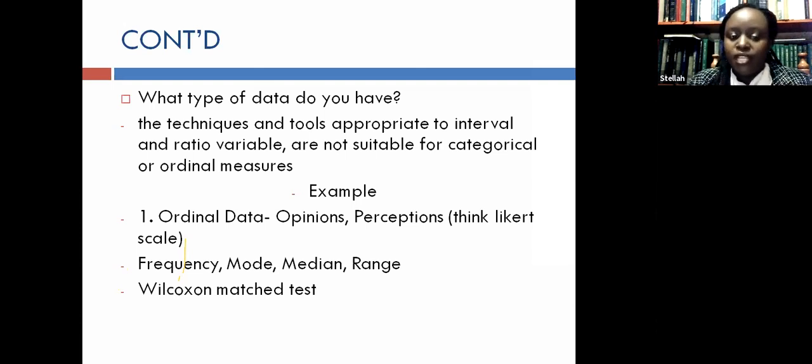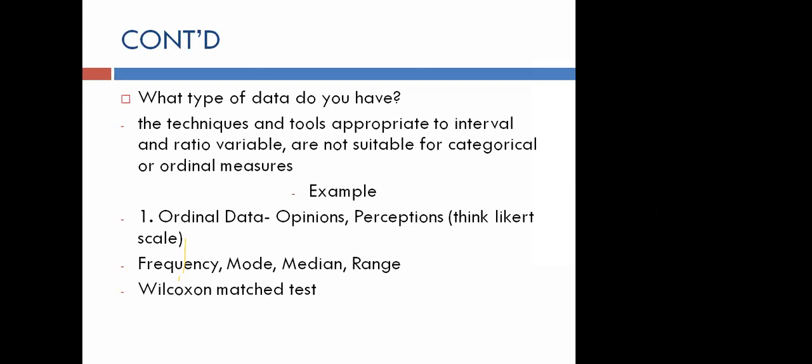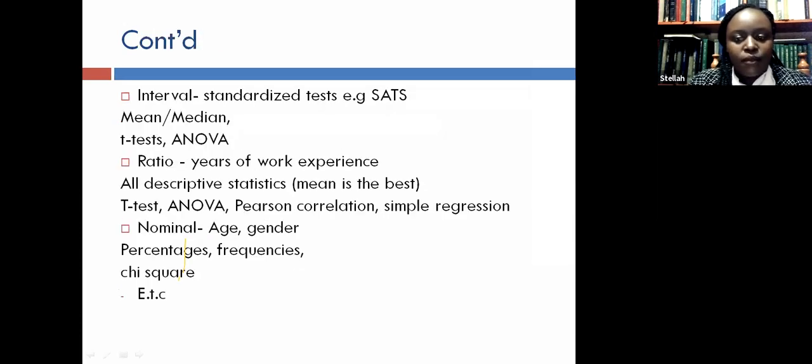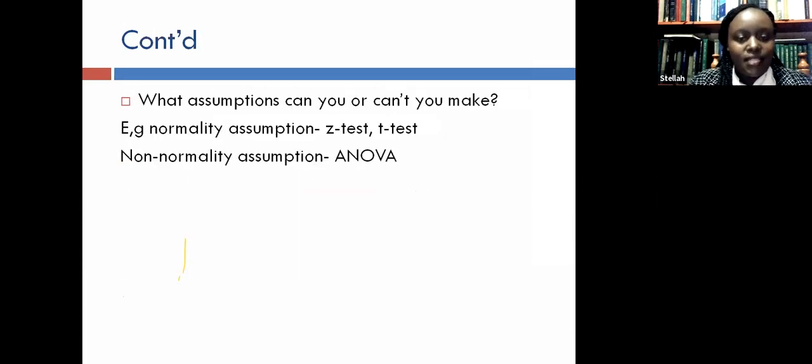This should tell you that the measure of frequency you can use is the mode and median and not the mean. The type of inferential test you could use could be something like the Wilcoxon matched-pairs test. So the type of data you have should guide you to know the statistic that you apply. I'll advise you that once you get the slides, you can look at the other examples.